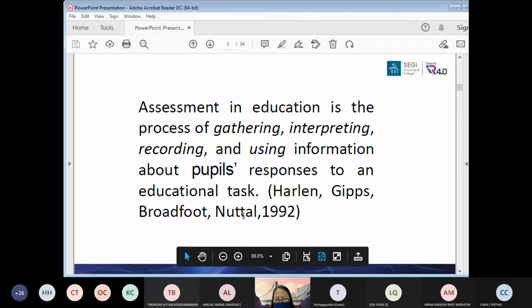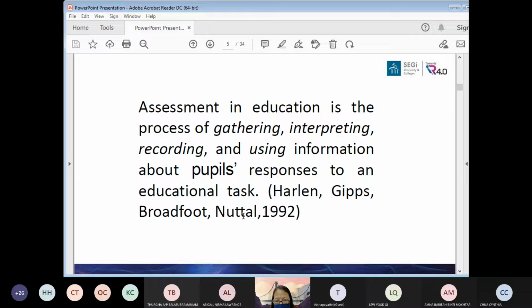Assessment in education is the process of gathering, interpreting, recording, and using information about pupils' responses to an educational task. So like I said just now, it's getting information. You write down, you record, you document it. After getting all your raw observation data, then you interpret it.